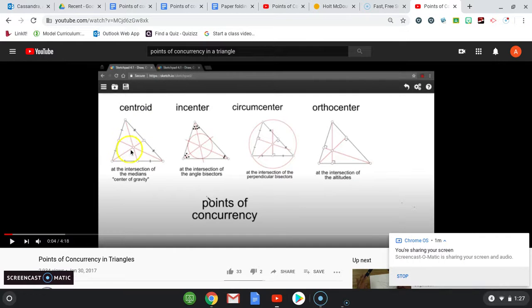All of these points are called points of concurrency because to be concurrent means three or more segments that meet at one point. So the medians, angle bisectors, perpendicular bisectors, and altitudes all meet at a single point. Not in the same place necessarily, but they all have special names.